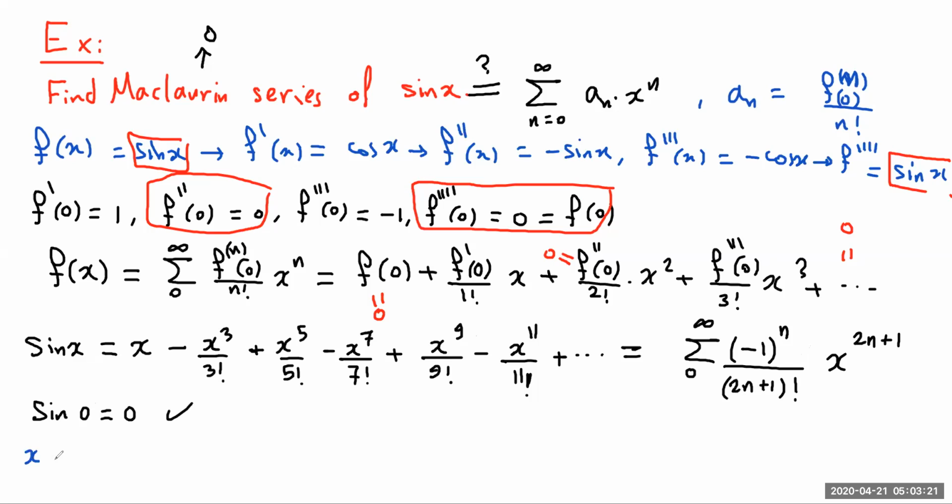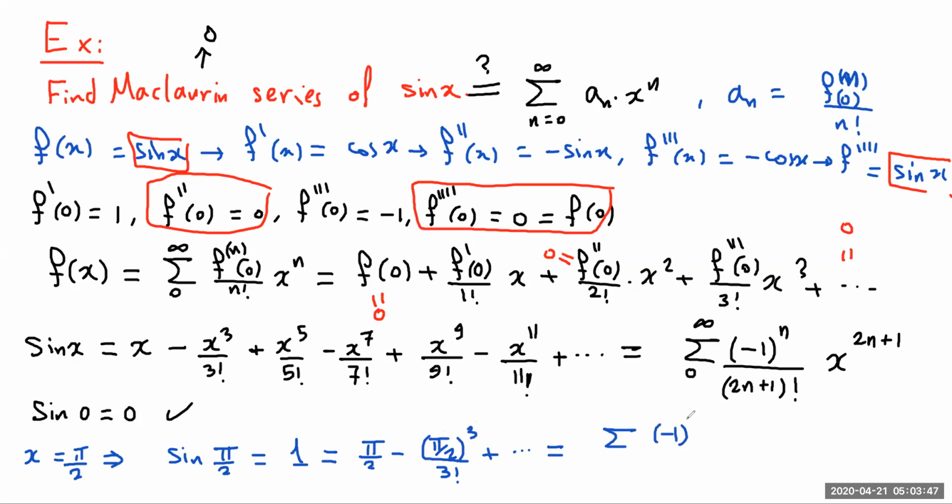We will have sine pi over 2, which is 1, equals pi over 2 minus (pi over 2)^3 over 3 factorial plus etc. So we can write this as sigma from 0 to infinity of minus 1 power n over (2n+1) factorial, times pi^(2n+1) over 2^(2n+1). So all of this is equal to 1.